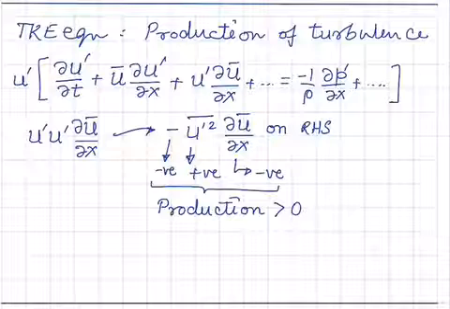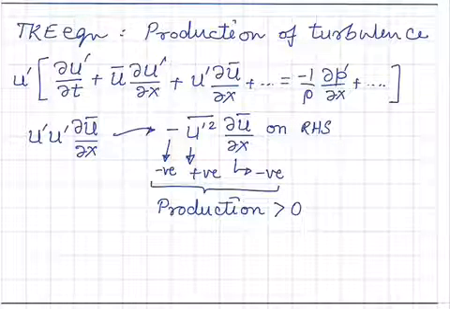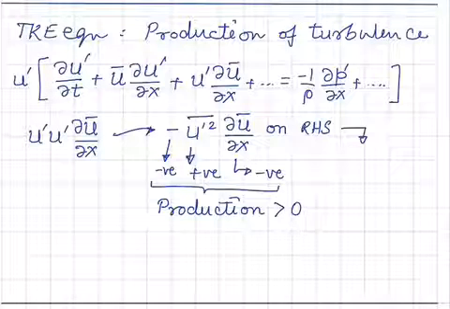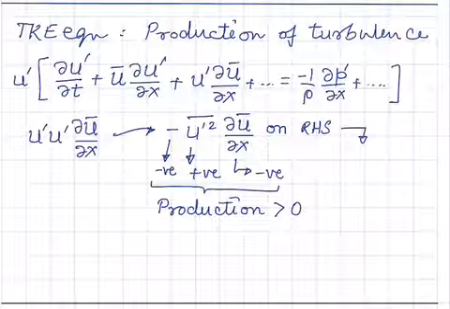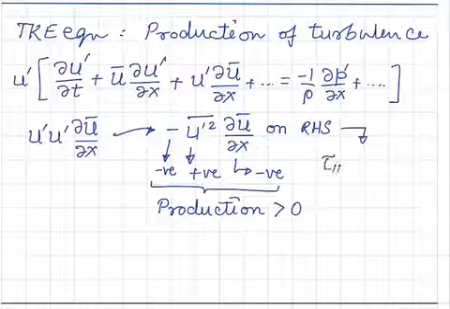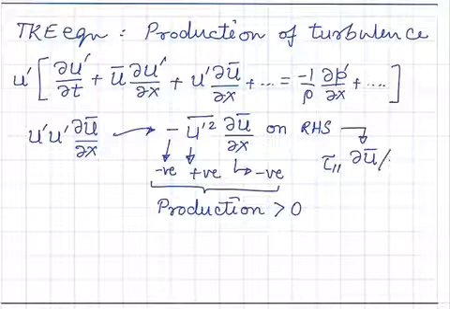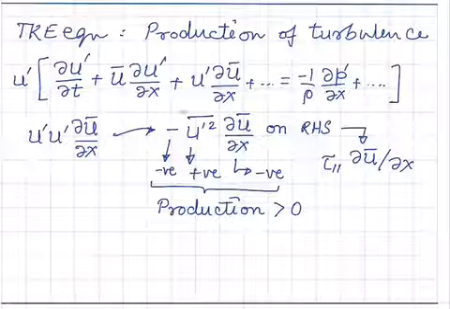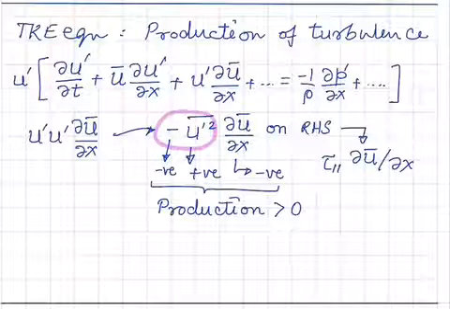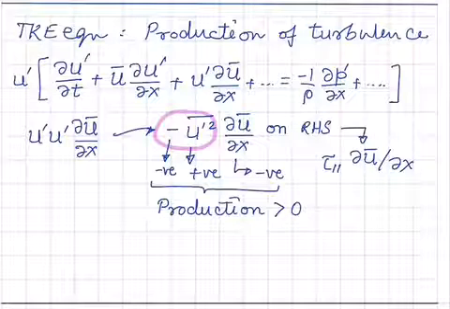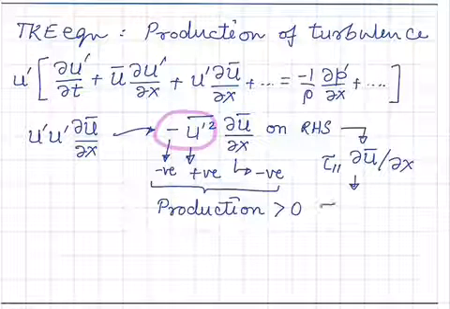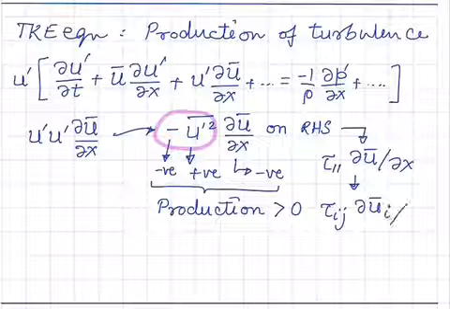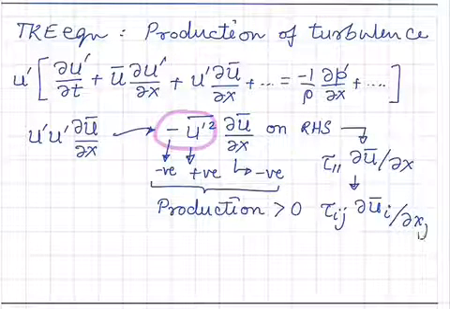In fact, what we could do is generalize this term on the right hand side, or production term, as tau 11 du bar dx, tau 11 being this quantity we have defined earlier, and then generalize one more level by saying tau ij du bar i dxj.